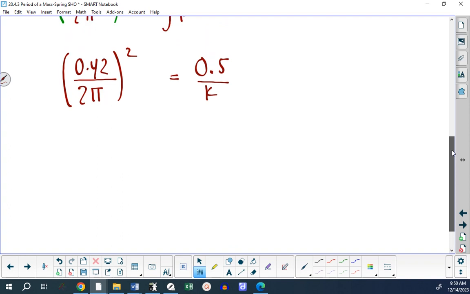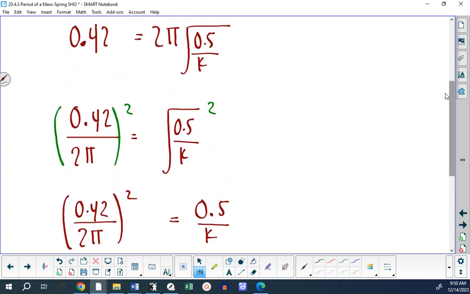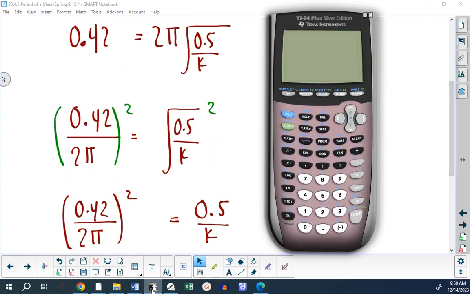So you can certainly do these calculations along the way. The first thing you need to do is take 0.42 and divide by 2 pi. And of course, if you enter what I've just entered, you will not be on the right track. Because that is not dividing by 2 pi, that's dividing by 2 and then multiplying by pi.